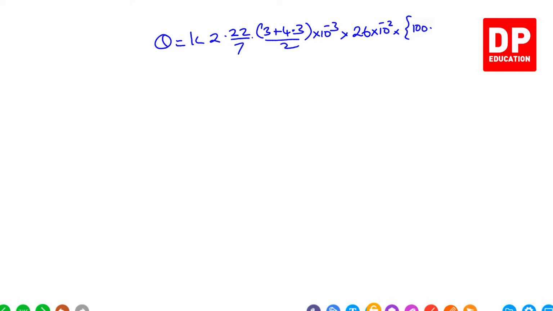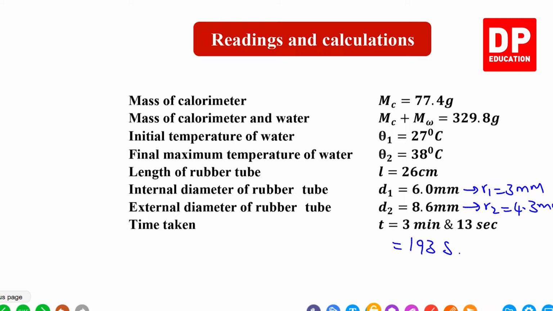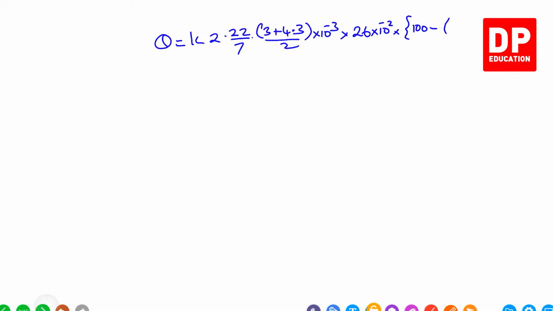Internally it's 100. External temperature, we'll take the average. 27 plus 38 by 2, that is 32.5. 32.5 degrees is the average temperature.